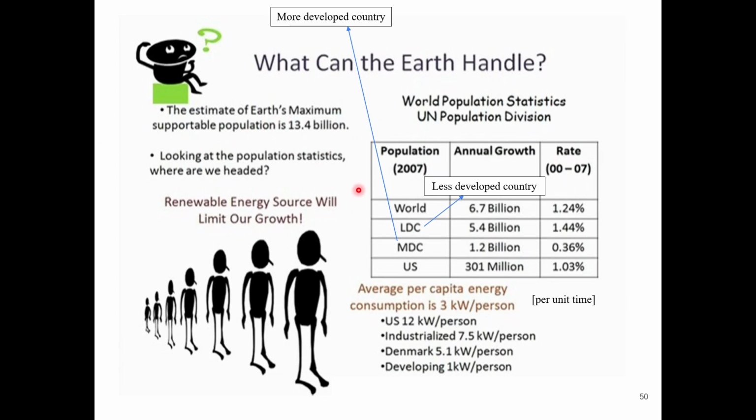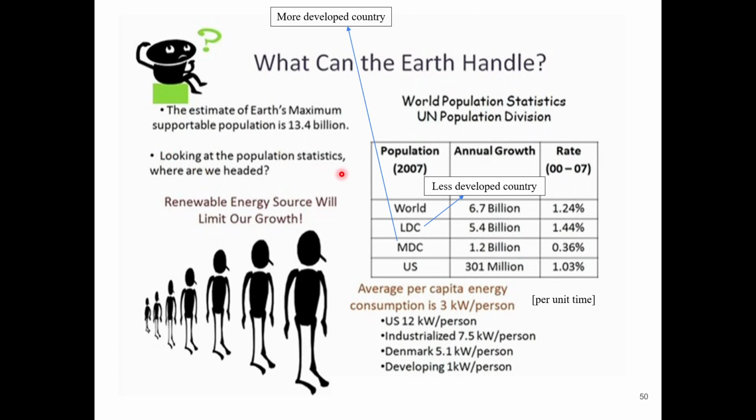Looking at the population statistics, where are we headed? That is a very big problem. One of the main reasons these topics of sustainability, environmental life cycle methodology and environmental science are arising is the population. The explosion of population is a very big issue.